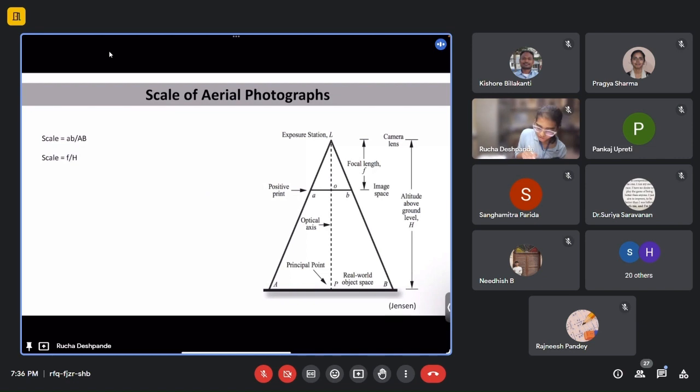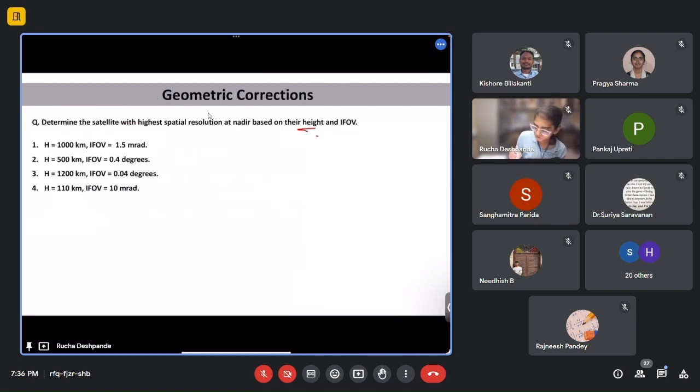Determine the satellite with the highest spatial resolution at nadir based on their height and IFOV. Just keep in mind that the units are different, so you might need to convert it.